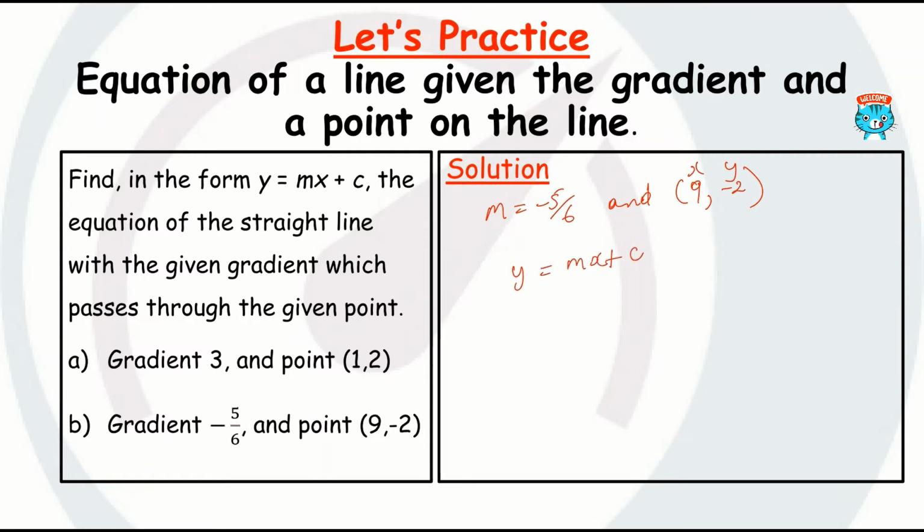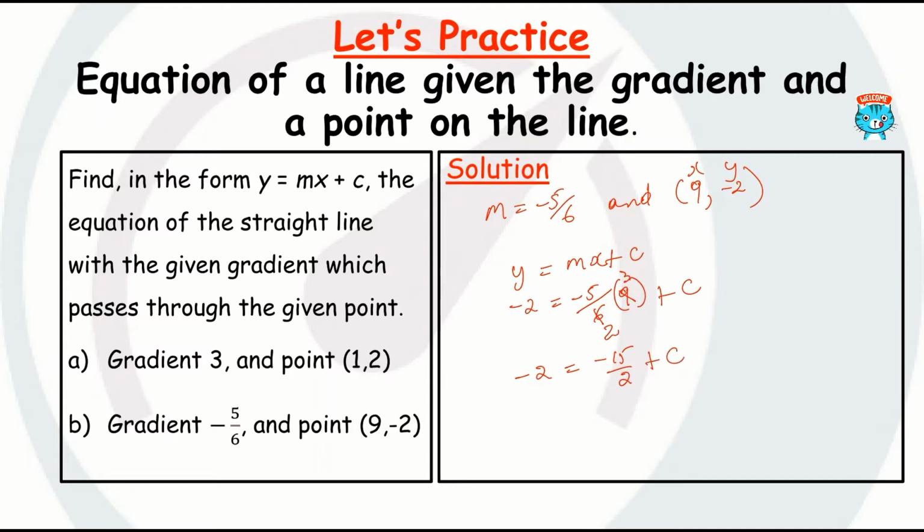We're going to substitute our values in order to find our y-intercept, the value of c. So y is equal to negative 2, m is negative 5 over 6 multiplied by 9 plus c. Let's reduce our fraction here. 3 into 6 goes 2 times, and 3 into 9 goes 3 times, so we're left with negative 2 is equal to negative 15 over 2 plus c.